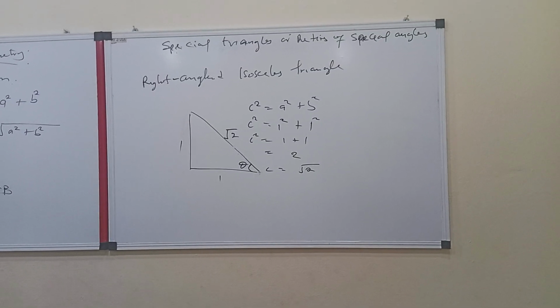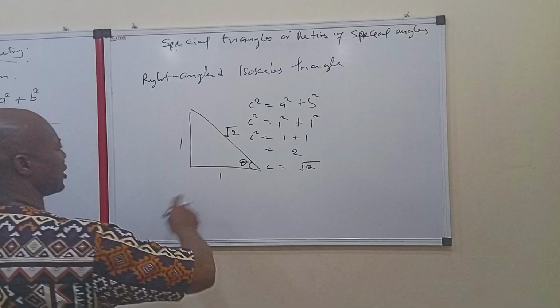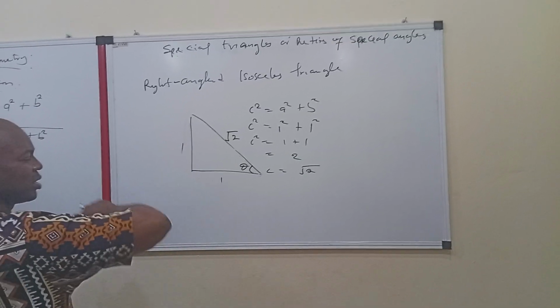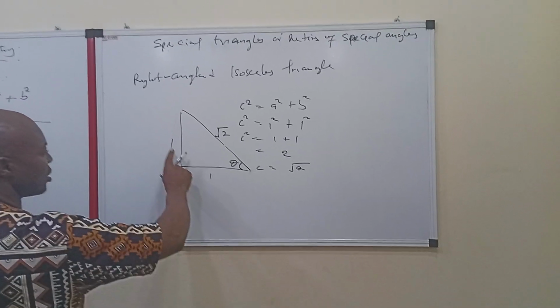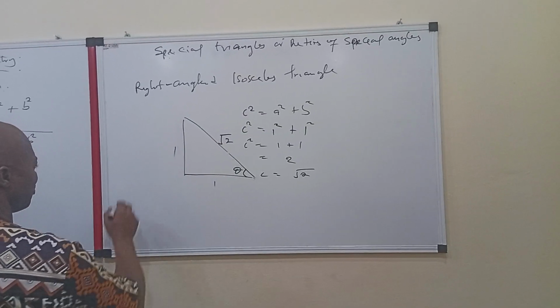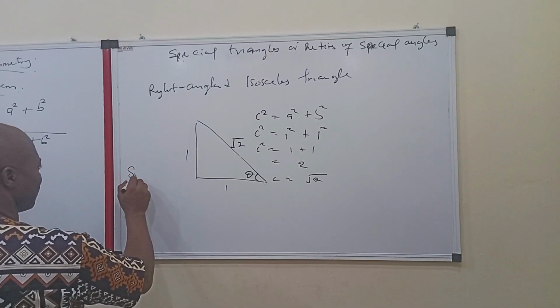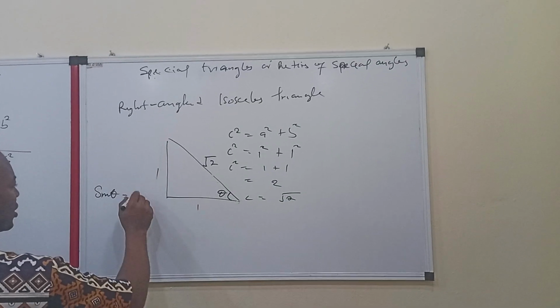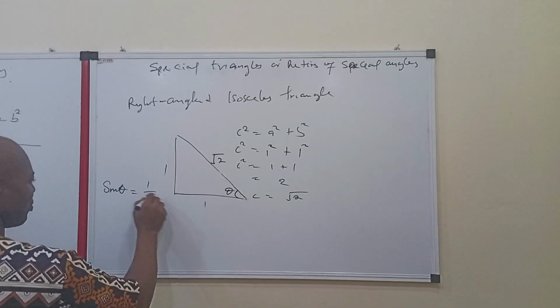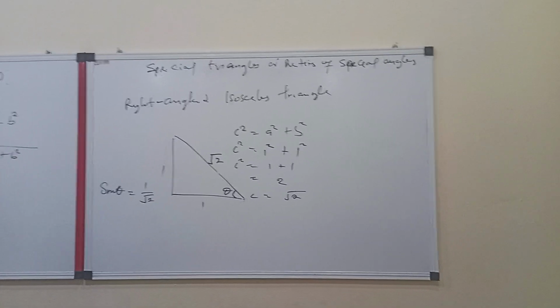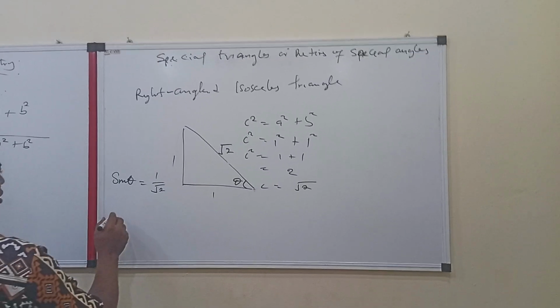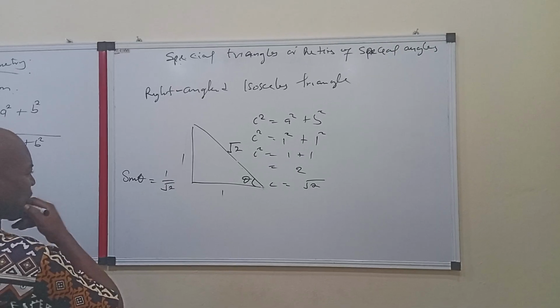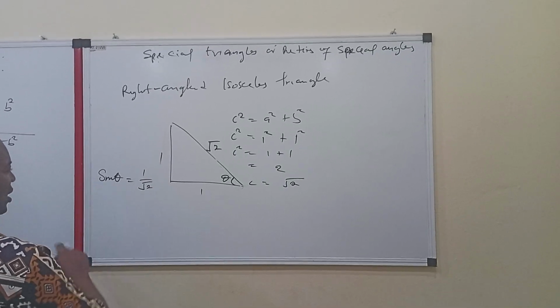The sine of this angle, as we have stated in a previous video, is opposite over hypotenuse. Then you can make theta the subject.